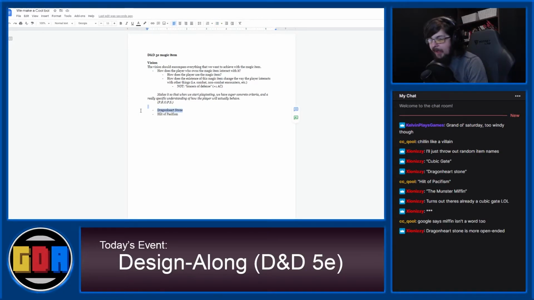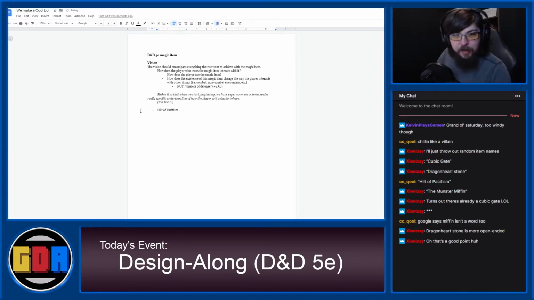In fact, I'm going to say we're going with Hilt of Pacifism, because I think it'll be interesting to work within the constraint that we want something the name is appropriate for. That'll probably make a better demonstration. So we're going to design the Hilt of Pacifism.